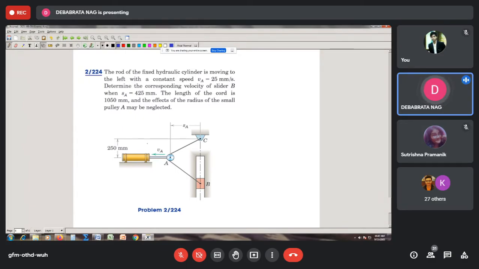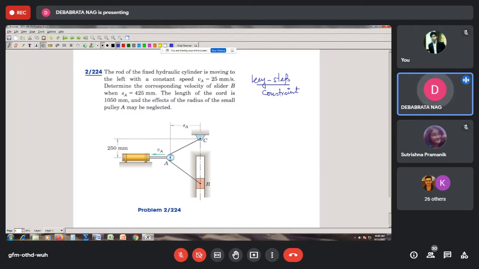So this is again a dependent kind of motion, and the key step is to identify the constraint and express the constraint conditions mathematically.